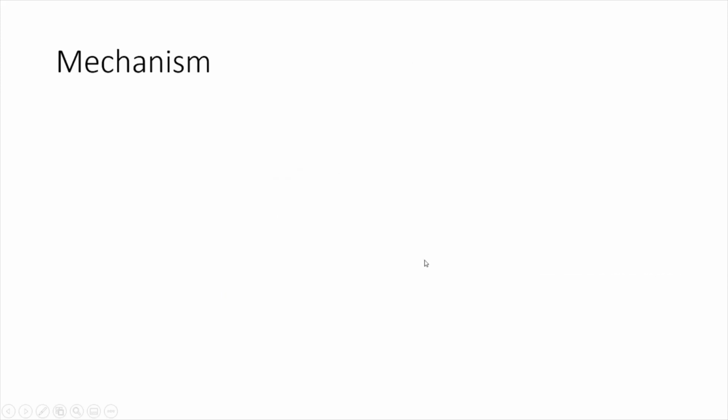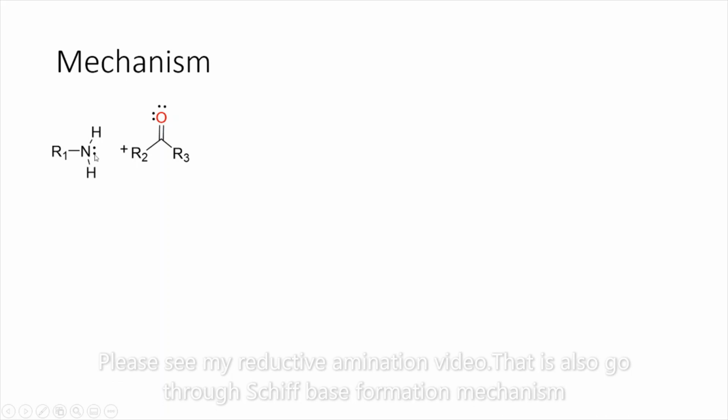So what is the mechanism of this reaction? First, the amine acts as a nucleophile, so it will do a nucleophilic attack on this carbonyl group, and then it will form this intermediate adduct.